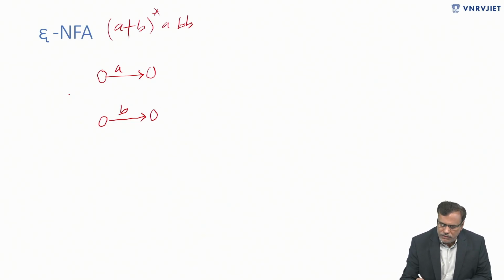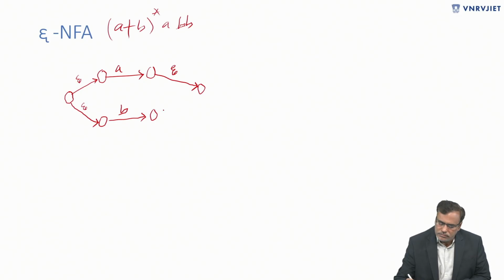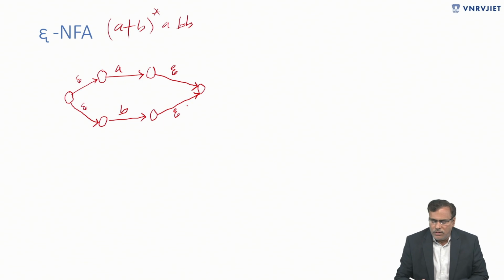And then for star, first let me write for A or B. For the union part, you have to introduce a new start state and a new final state, and give a connection from the new start state to the old start states on epsilon. Now we have completed the union part, that is A or B.